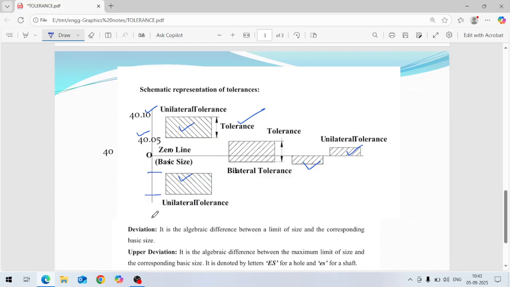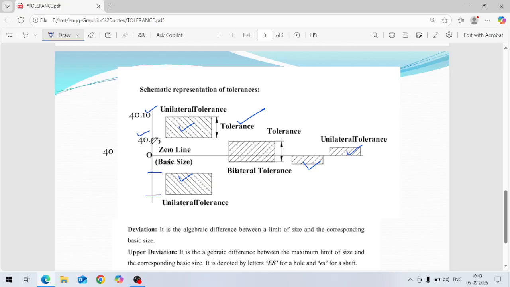And one is fundamental deviation. What is fundamental deviation? Fundamental deviation is where the tolerance zone starts, the deviation which is very near to the basic size. That deviation is called fundamental deviation. So in this case, what is the fundamental deviation? The fundamental deviation is 0.05 because the size is 40 plus 0.05, plus 0.1.